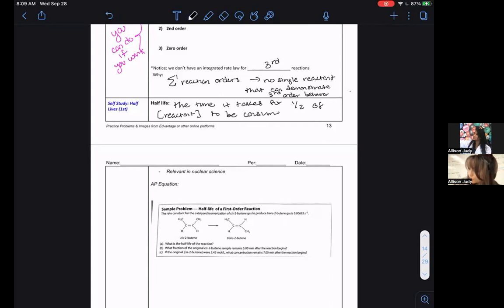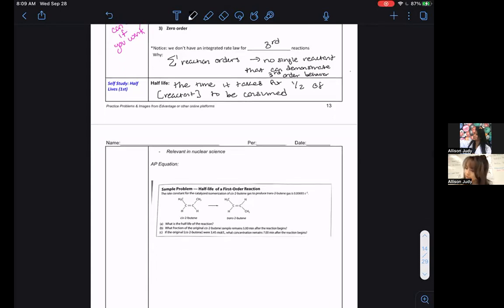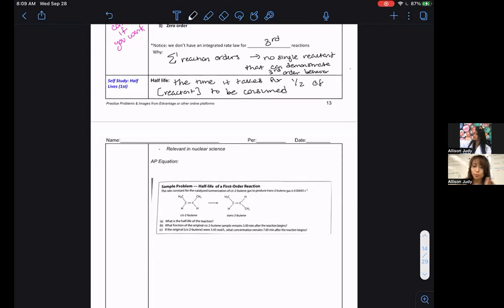We use half-lives when we talk about nuclear chemistry as well as geological chemistry, right? So the AP provides you an equation, and that equation is t half, that's the symbol for half-life, is equal to some constant 0.693 divided by the rate law constant.